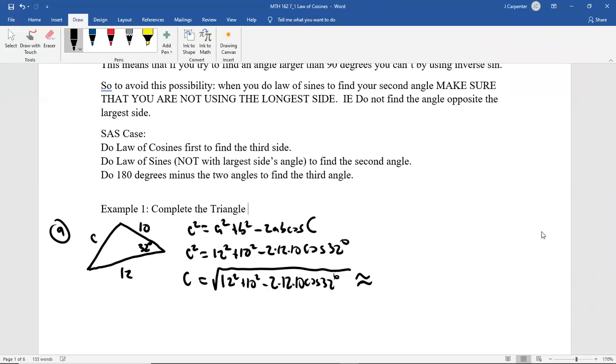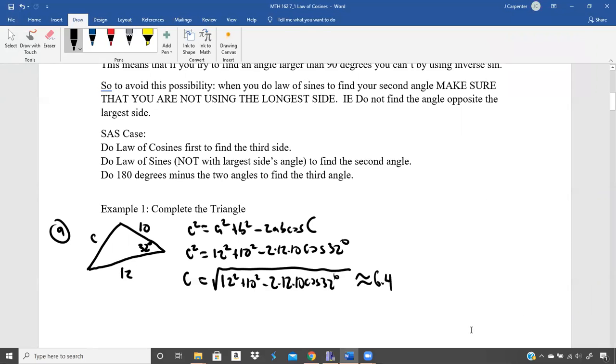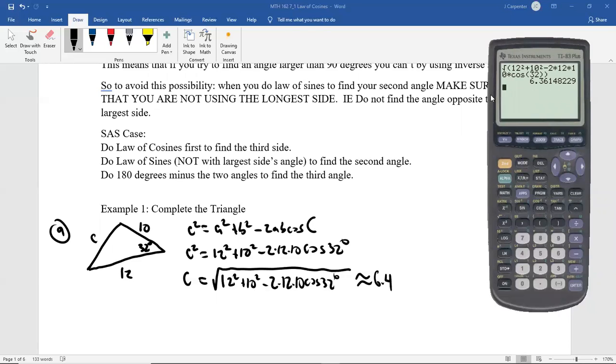Let me pull that calculator up for another second so you can keep seeing that. If I'd done all the 12 squared stuff first, let me just pull that up, delete the square roots.